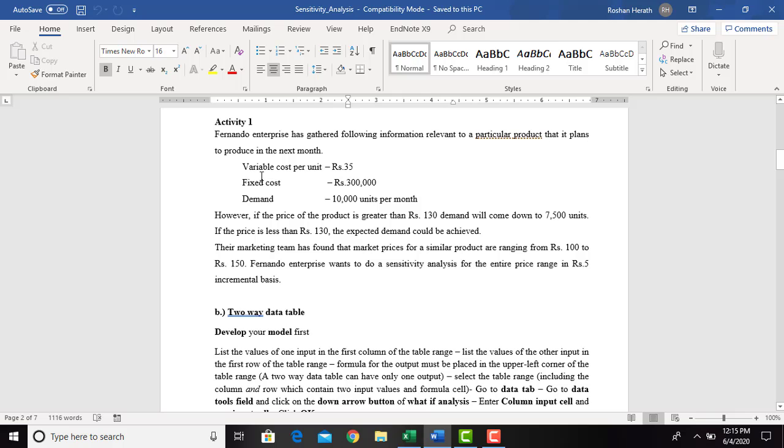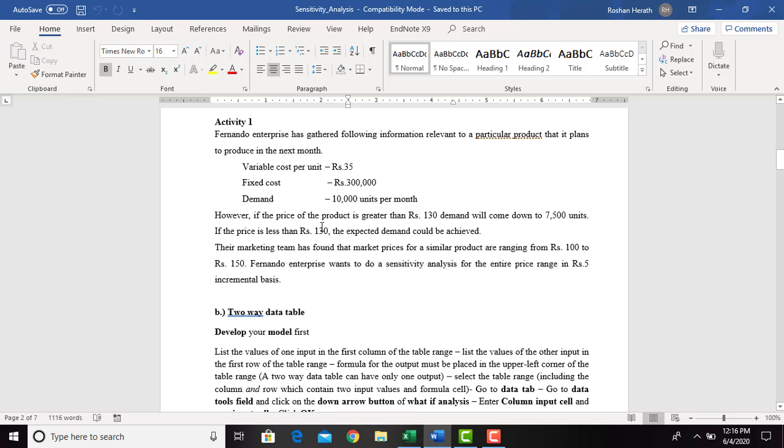They found that in order to produce this product, there's a variable cost. The cost that varies with the number of units is 35 per unit. The fixed cost, like we discussed, is 300,000. Demand is 10,000 units. However, if the price of the product is greater than or equal to 130, the demand will come down to 7,500.